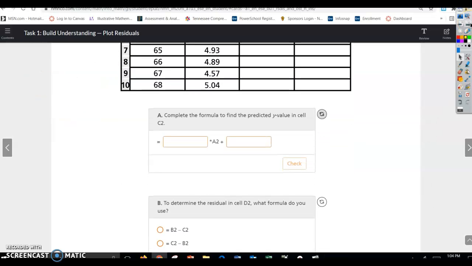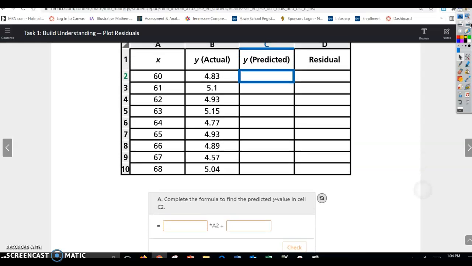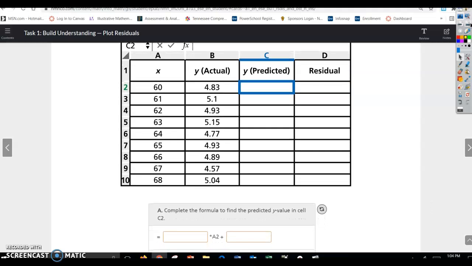All right, to complete the formula to find the predicted y value in cell C2. In C2, this just wants the formula, so it's 0.0, I guess we better put the 0 here, 0.04 times A2, which is 60, so times the 60 plus the 2.23.